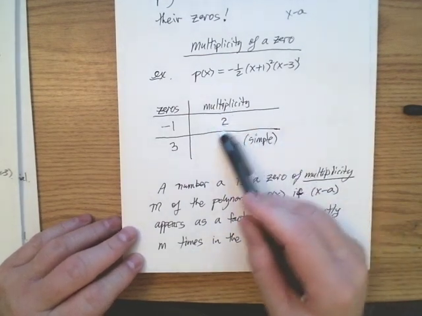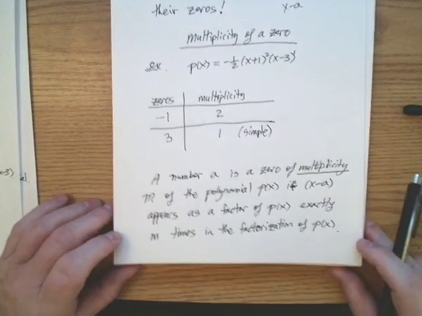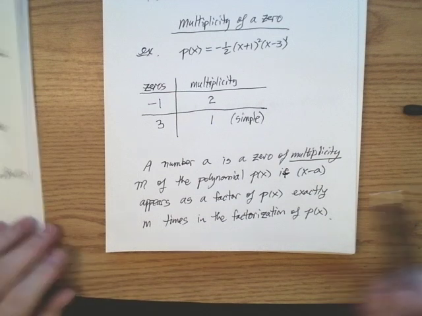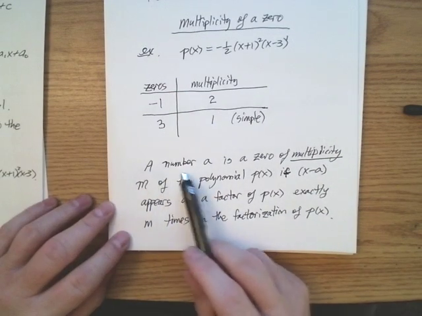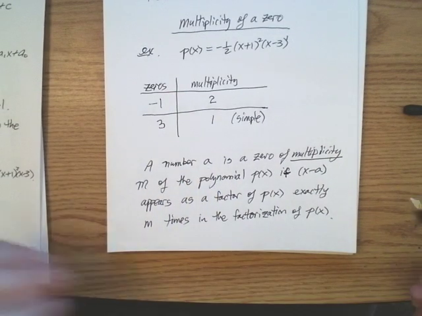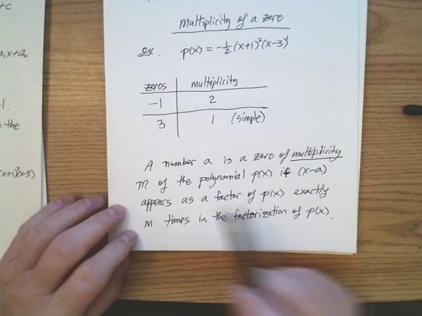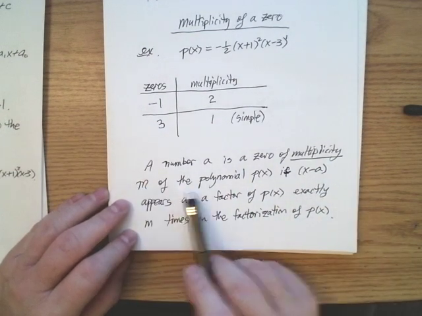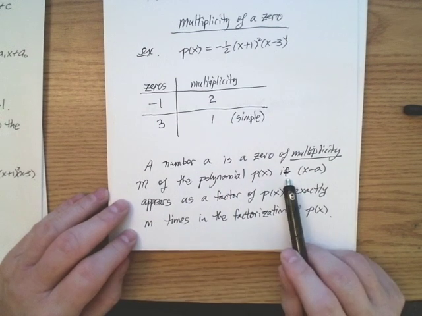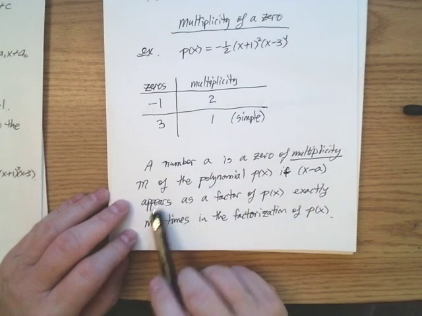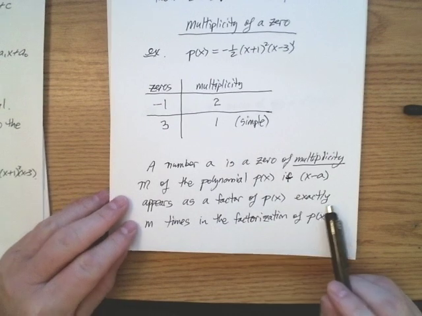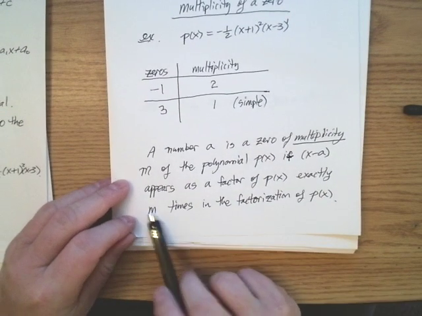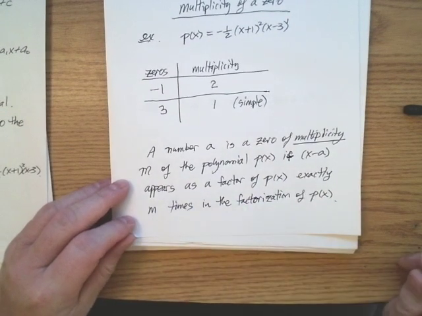Geometrically, what multiplicity does to the graph. Okay, now this is our formal definition. A number a, which may be real or complex or rational or an integer, is a zero of multiplicity m of the polynomial p of x if x minus a appears as a factor of p of x exactly m times in the factorization of p of x.